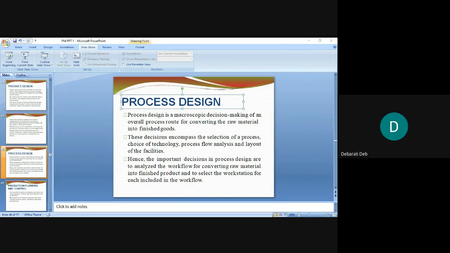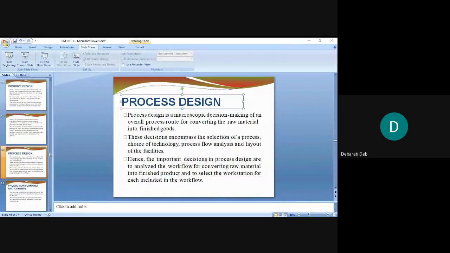Once the manufacturing is planned out properly, then this process design has to be done. Actually it is already done when the plant layout gets installed, because that is also done with respect to the demand, the type of product that is going to be manufactured. And how do you determine the type of the product that is going to be manufactured?